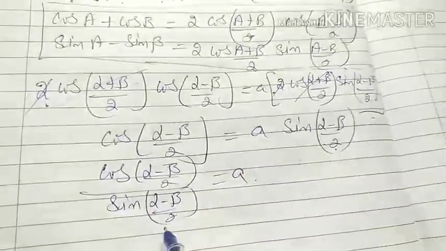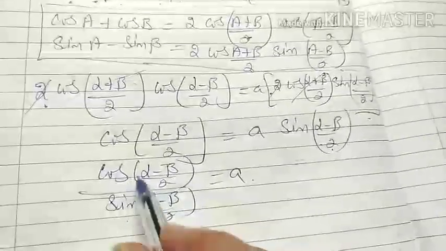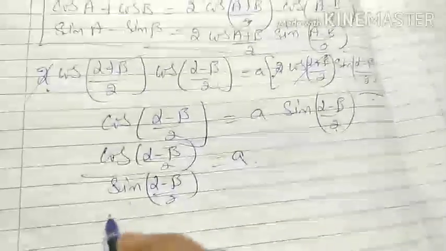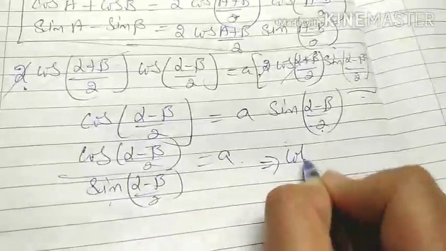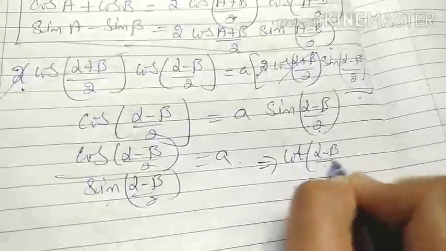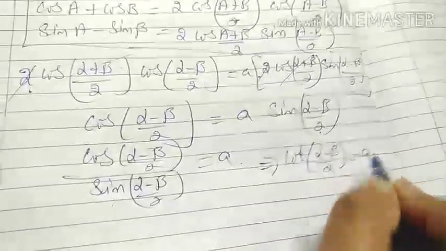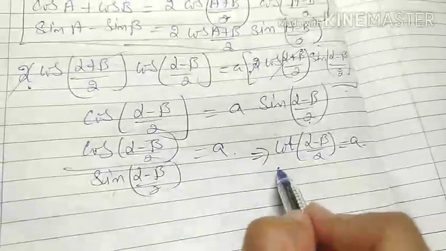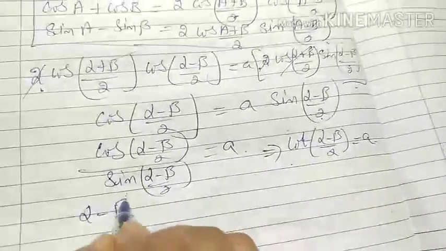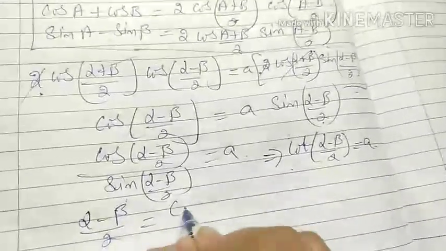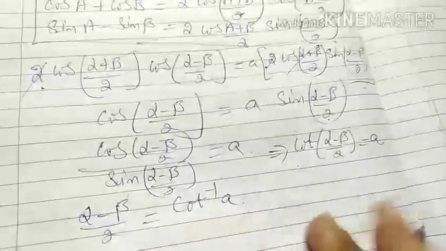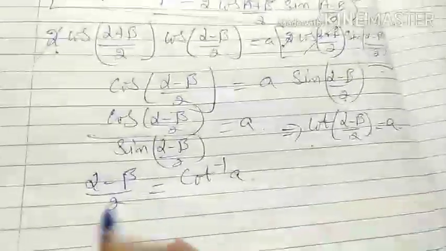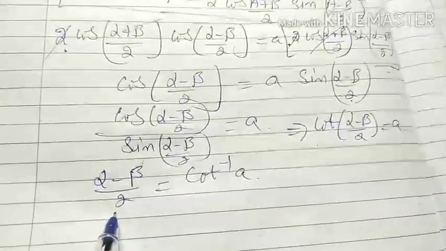So this becomes cot of alpha minus beta by 2 is equal to a. If you shift cot to the other side, then alpha minus beta by 2 becomes cot inverse a. I need only alpha minus beta because I want to replace back.